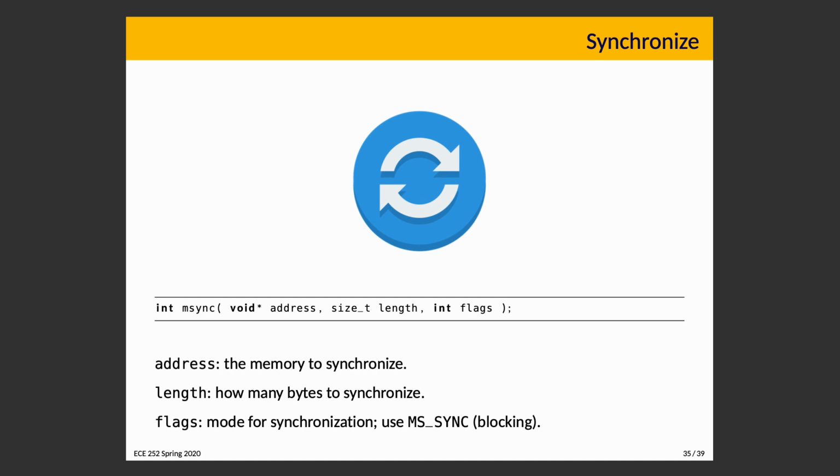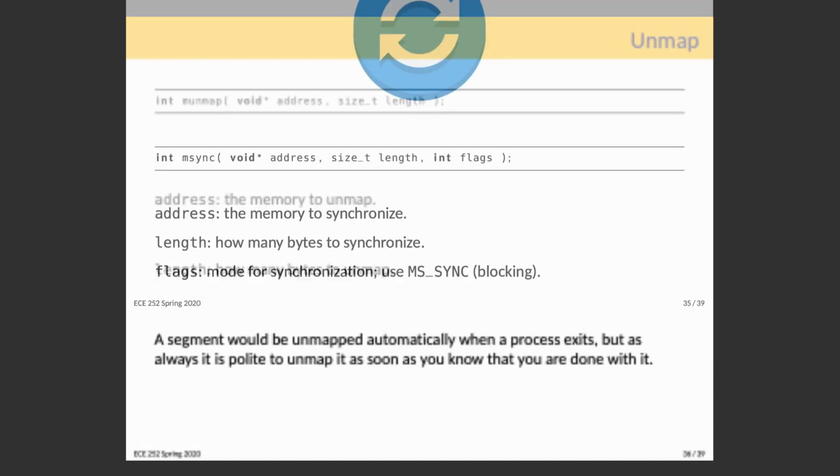If you want that to happen, msync says, I actually want this to take place. I want it to be written out to disk. For flags, use MS_SYNC. That is blocking. There are more advanced options, of course, but we're not going to talk about them in the context of this lecture. And if we're going to use msync, it's probably that we want other processes to be able to see our change, and making it blocking makes the most sense.